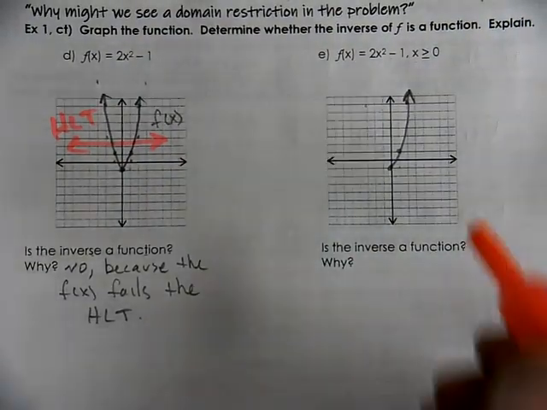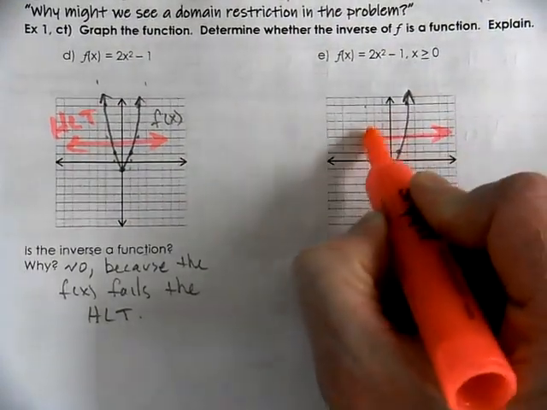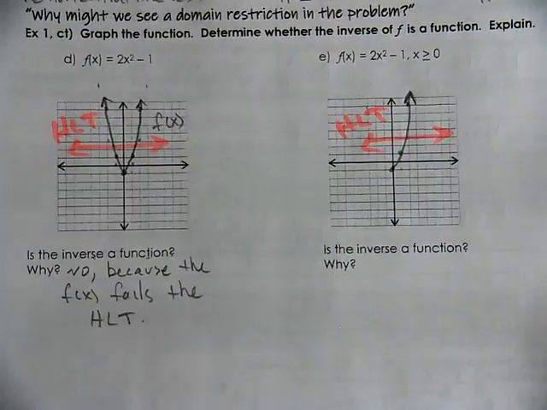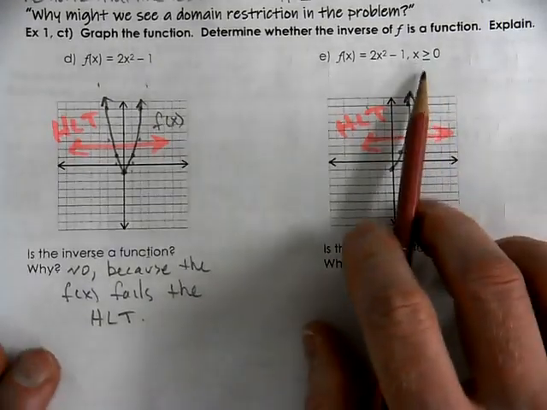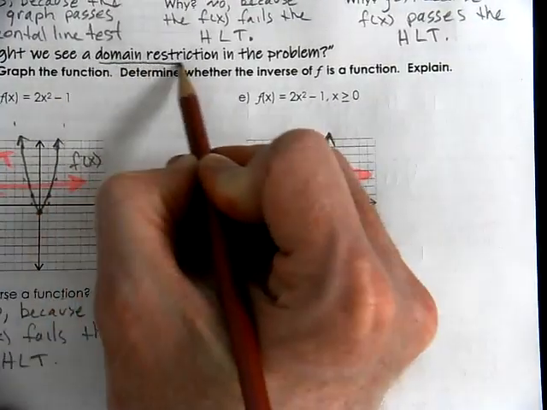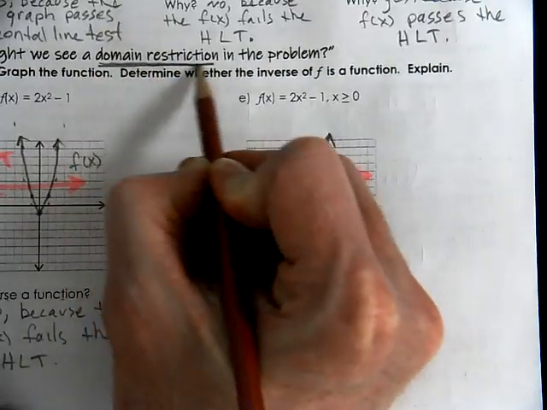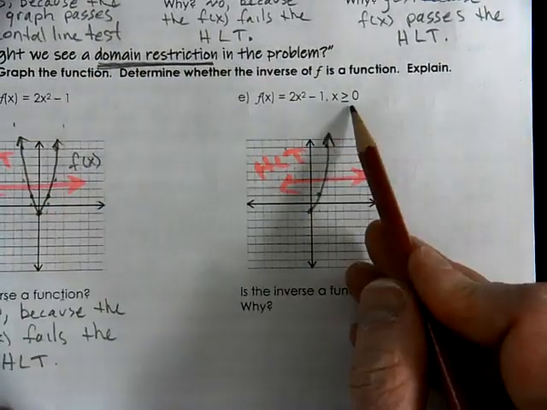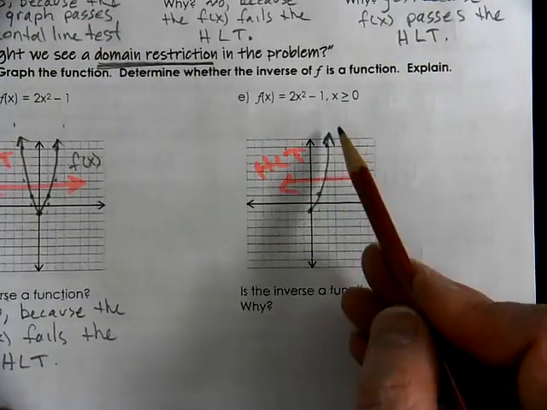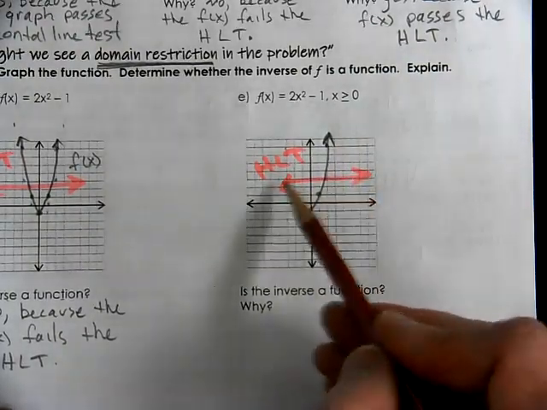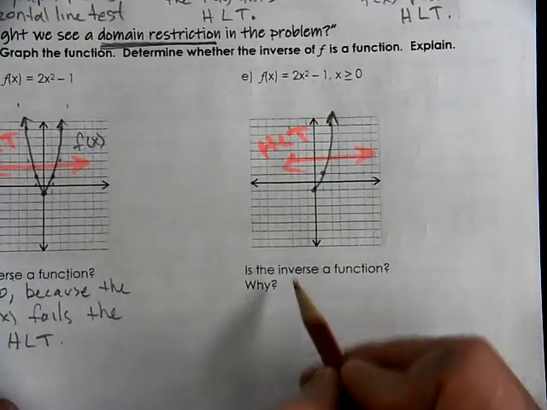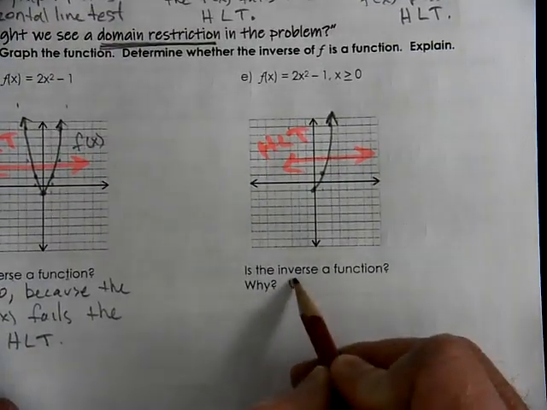Now when we do a horizontal line test, because of the domain restriction, we did not graph the entire grid. We only did one side of it, so it would pass a horizontal line test. Would the inverse be a function?